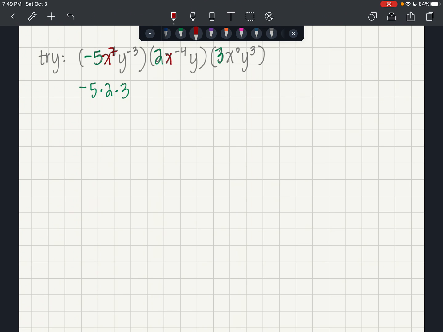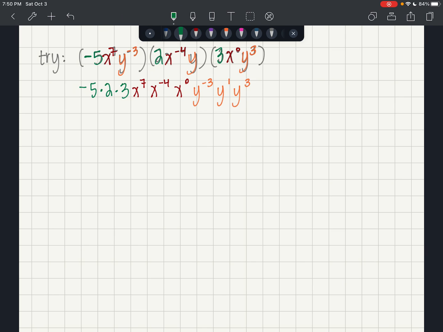X to the 7th, x to the negative 4, x to the 0. And then we've got y to the negative 3, y to the 1st, y to the positive 3.